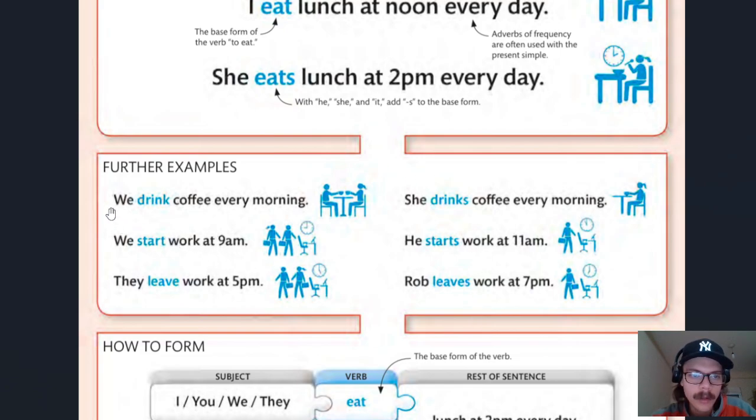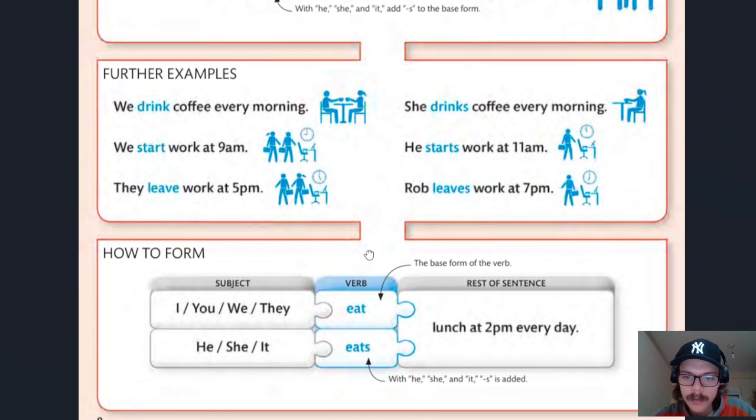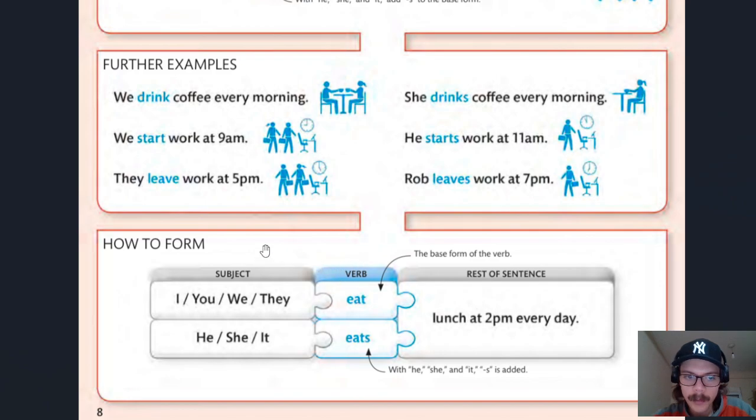So we have, we drink coffee every morning. She drinks coffee every morning. We start work at 9 a.m. He starts work at 11 a.m. They leave work at 5 p.m. Rob leaves work at 7 p.m. So these are the scenarios, okay?